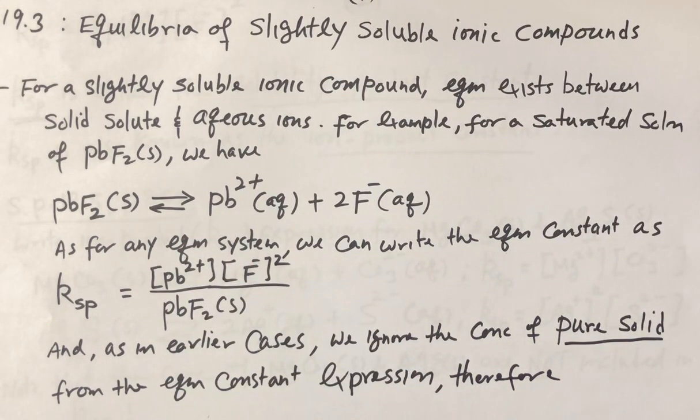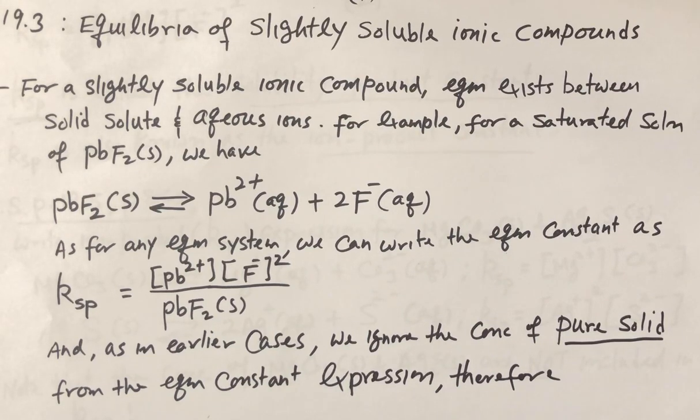Now, as for any equilibrium system, we can immediately write down the equilibrium constant, which is the concentration of the product divided by the concentration of the reactant, as we have discussed in the previous chapter.